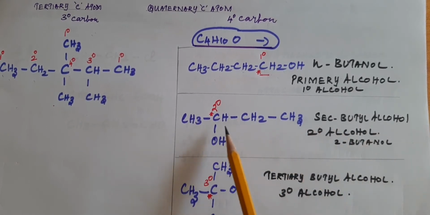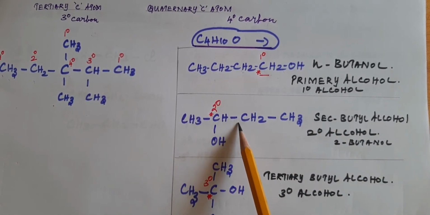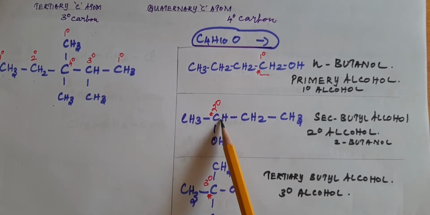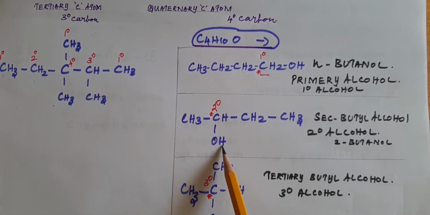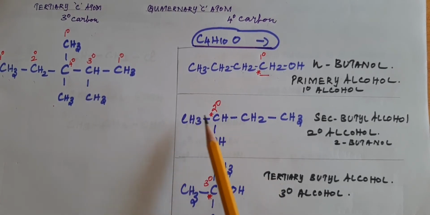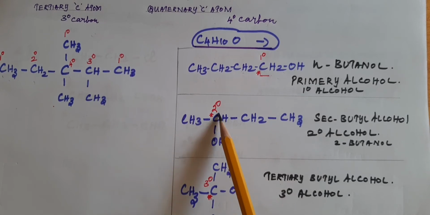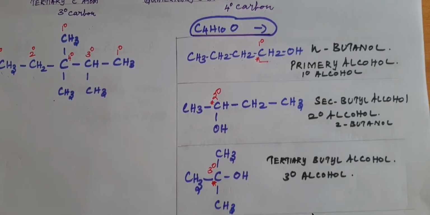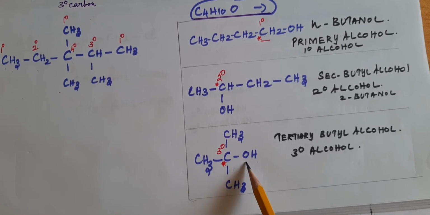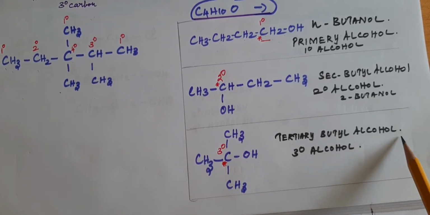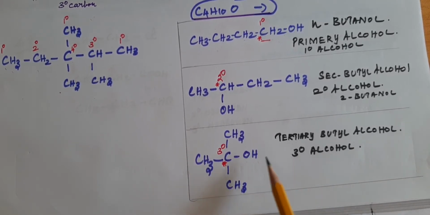Secondary butyl alcohol, also called 2-butanol, is a 2 degree alcohol. Here the OH group is attached to a carbon which is attached to two other carbons, so it is called a 2 degree or secondary alcohol. Tertiary butyl alcohol: here the OH group is attached to a carbon which is attached to three methyl groups, so it is called tertiary butyl alcohol or 3 degree alcohol.